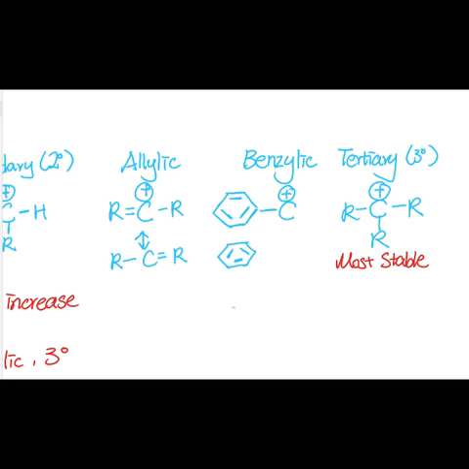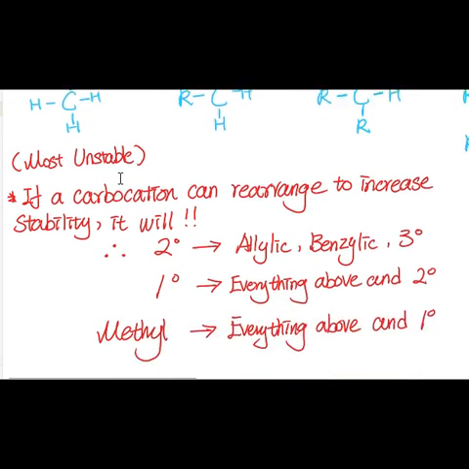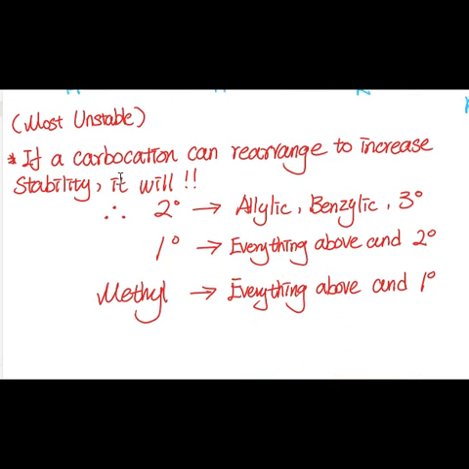Now, there's something interesting that I found that I want to share with you. If a carbocation can rearrange itself to increase its stability, it will. So remember the word unstable, meaning it will shatter and then reform.